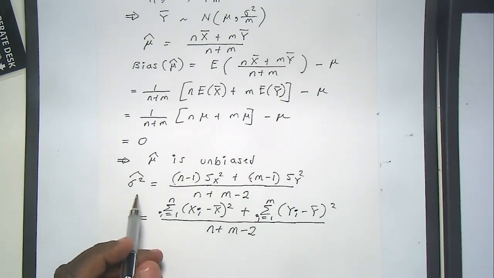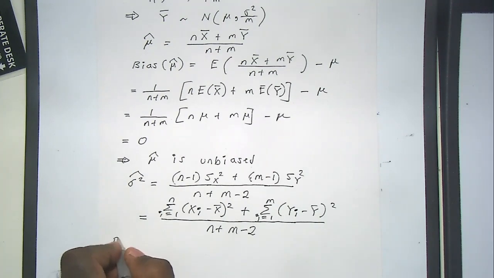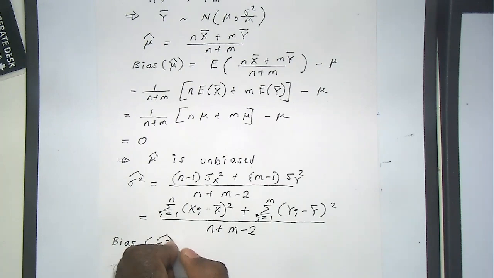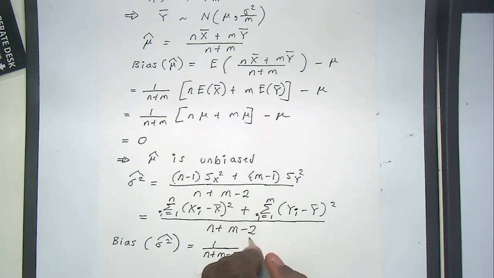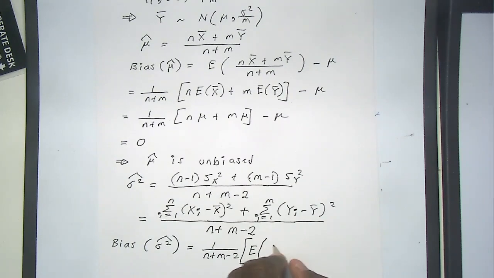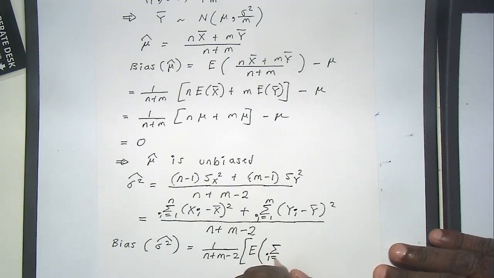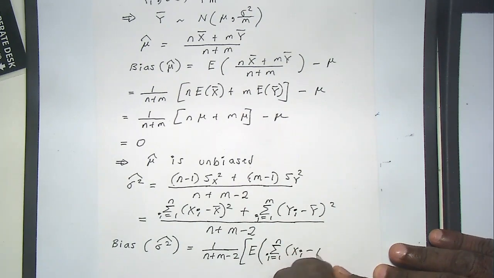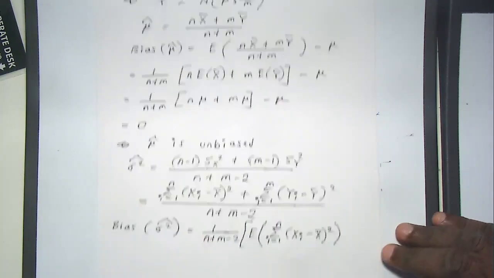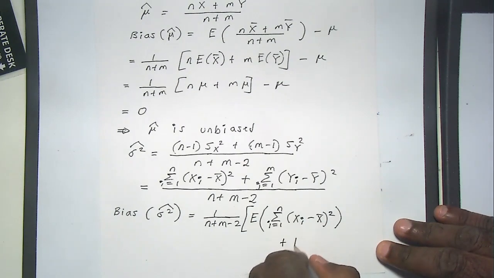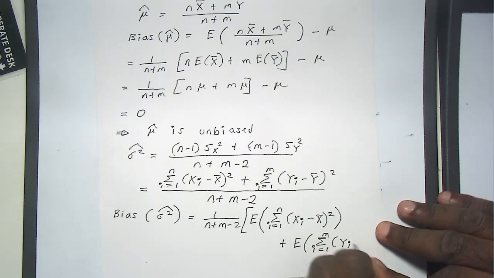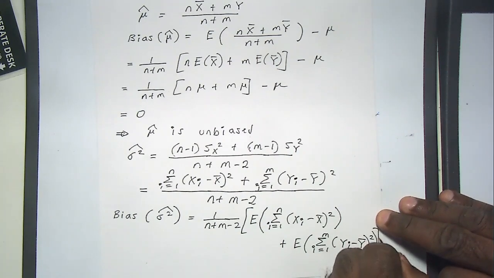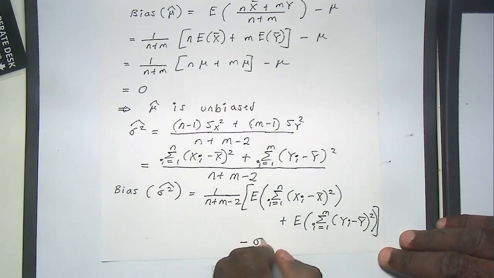Right, now we need to show that this estimator is unbiased too, right? So we need to take the bias of this, which is the expectation of this, right, plus the expectation of this, okay, minus sigma squared, right?